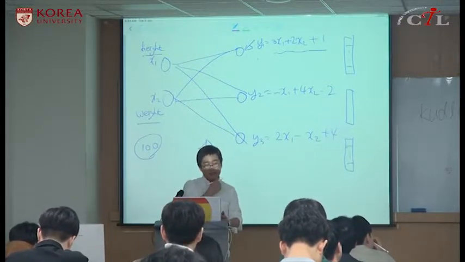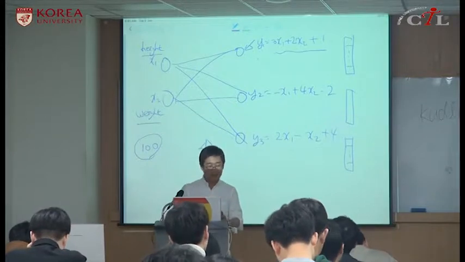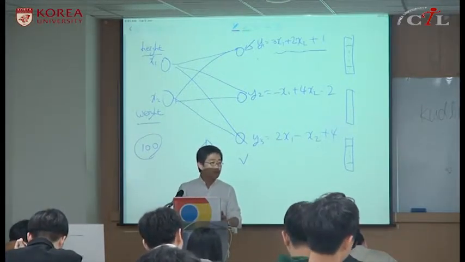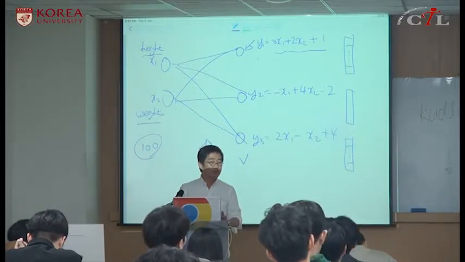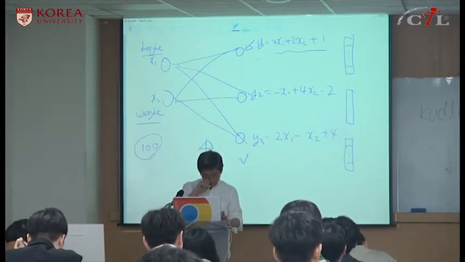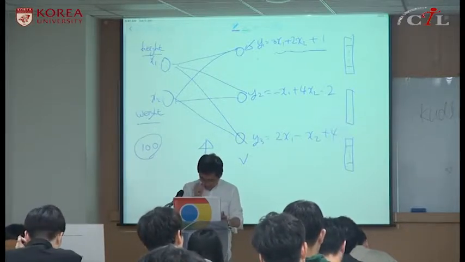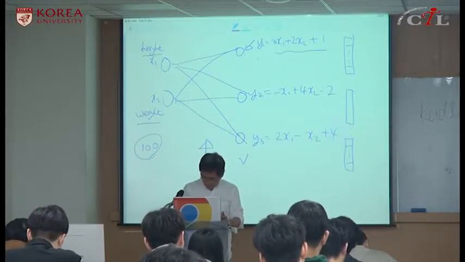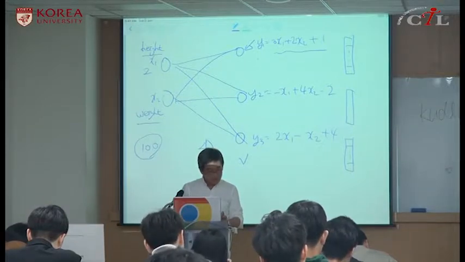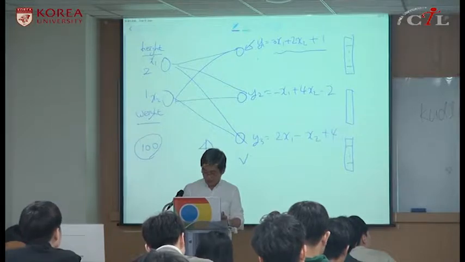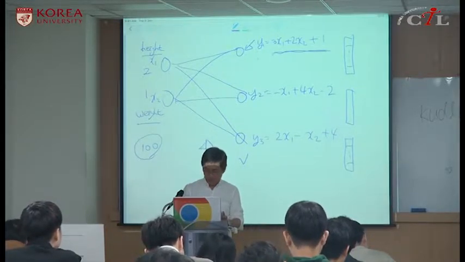And then in this case, the dead Relu refers to the node that has all the output as negative values. Okay, so suppose the first training data item is 2, 1, and then what about this activation map?